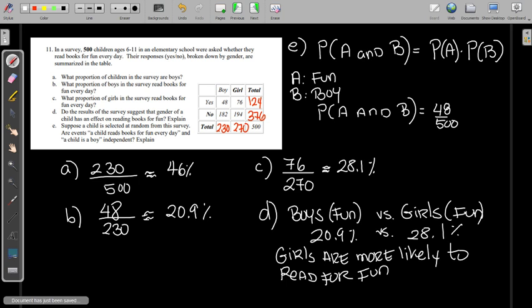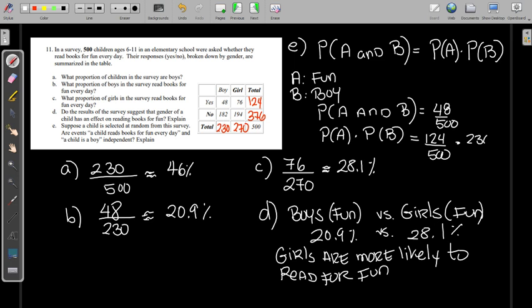So now the other one is P of A times P of B. Now P of A is the probability that people read for fun. So if you look at the row of fun, it's 124 over 500, times, the next one is just boys. Now the total of boys is 230 over 500.